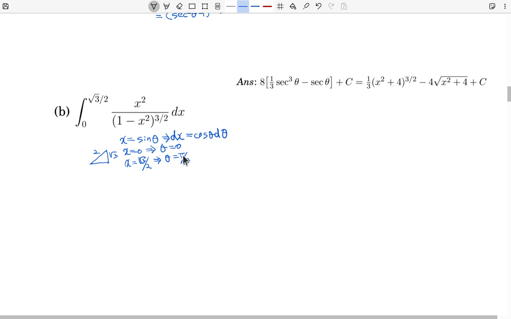So the given problem is changed into an integral from 0 to pi over 3, right?